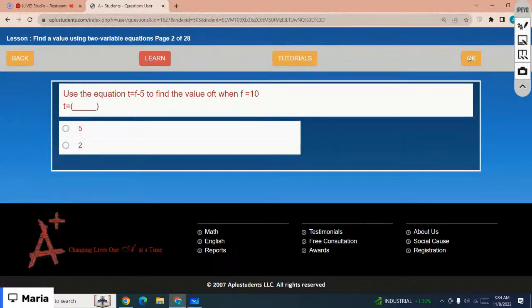The correct option is, yes, that would be just 5. 10 minus 5 is 5.